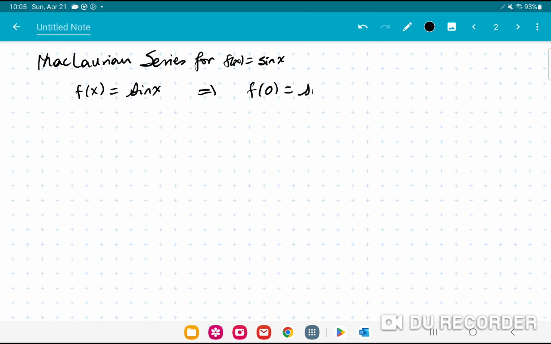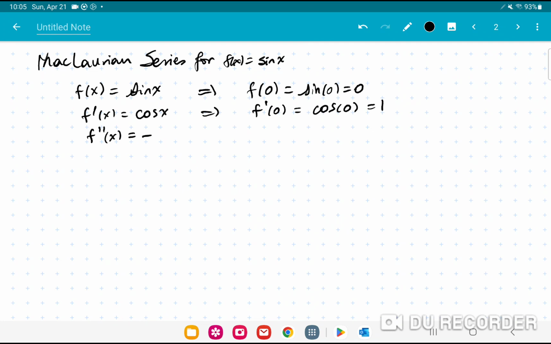F of 0 is sine 0. The derivative is cosine x. So the derivative at 0 is cosine 0, which is 1. Second derivative is minus sine x. So the second derivative at 0 is 0.